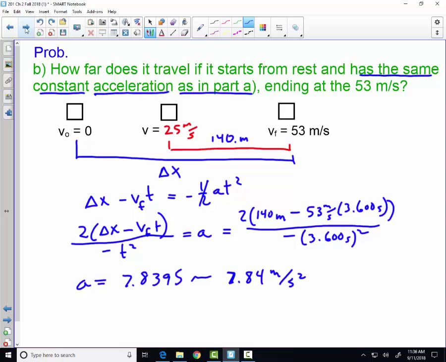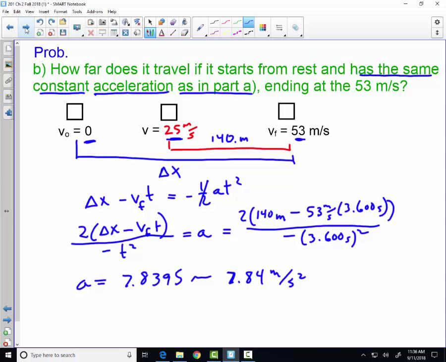That's not an answer, so I'm not rounding it down to 2 sig figs just yet. Okay, so now I've got the acceleration for the whole travel, not just for the first part from the 25 to the 53, but from the 0 to the 53.